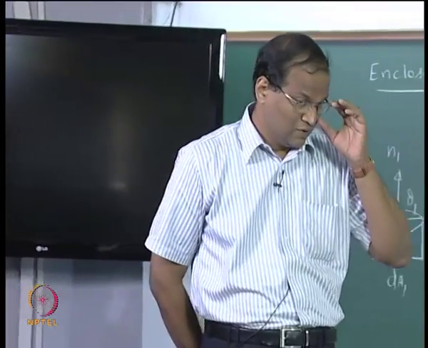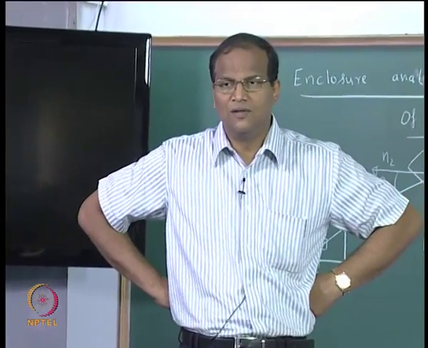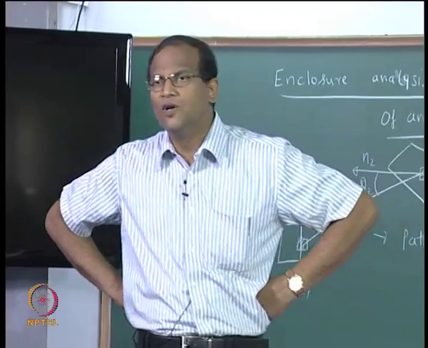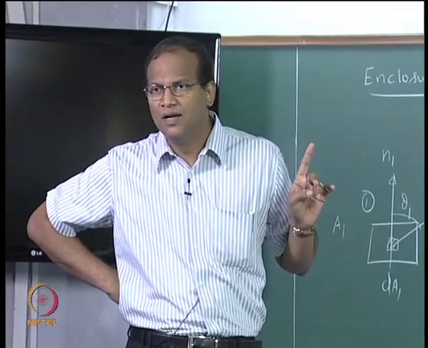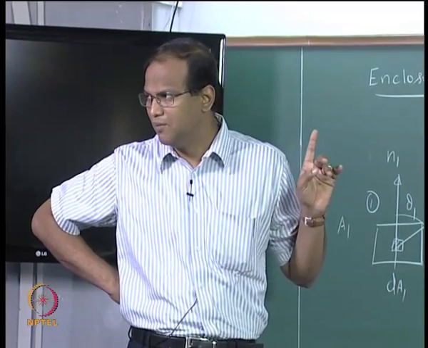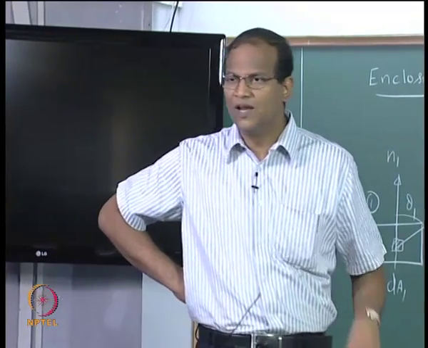Therefore, the irradiation of area 2 because of the radiation emanating from area 1 is given by double integral of the two terms over A1 and A2.